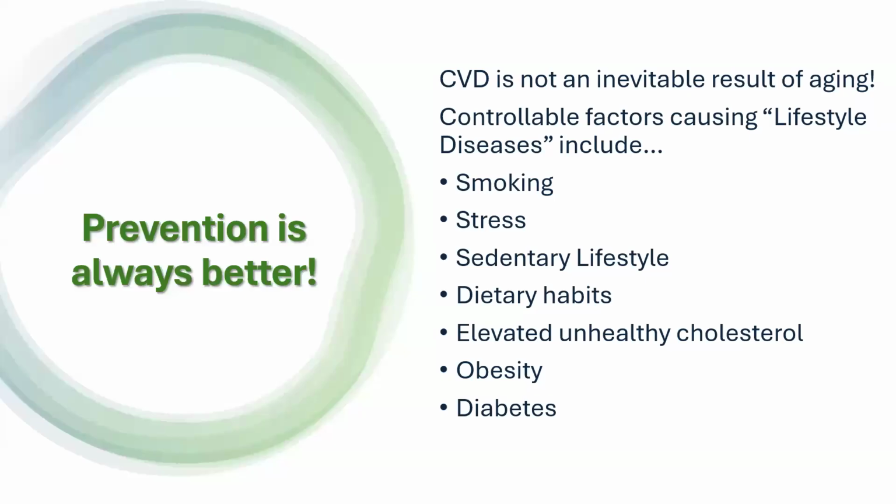Smoking, stress, a sedentary lifestyle, dietary habits such as eating too many processed foods, then elevated unhealthy cholesterol, the inflammatory types of cholesterol instead of the good type of cholesterol, such as what we have in omega-3. And then weight management, because obesity can lead to what we are talking about, thrombophlebitis, and then diabetes.